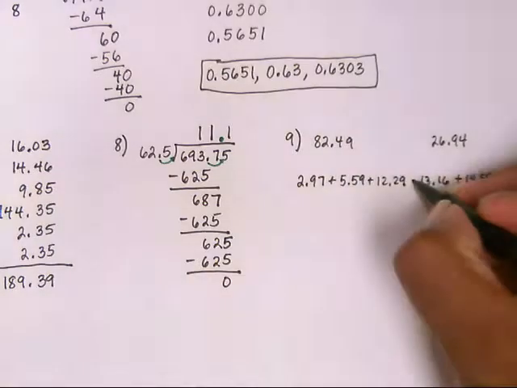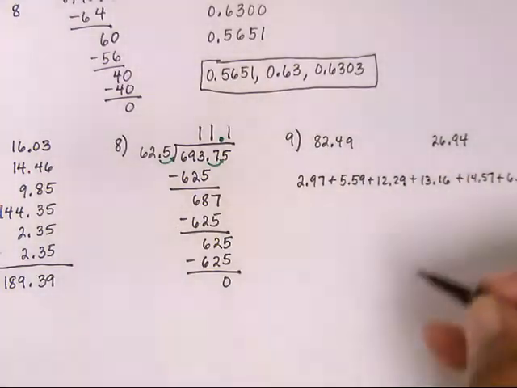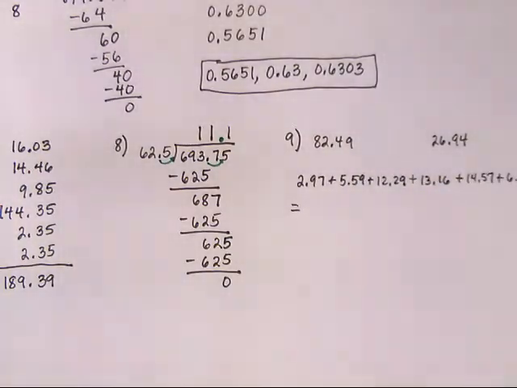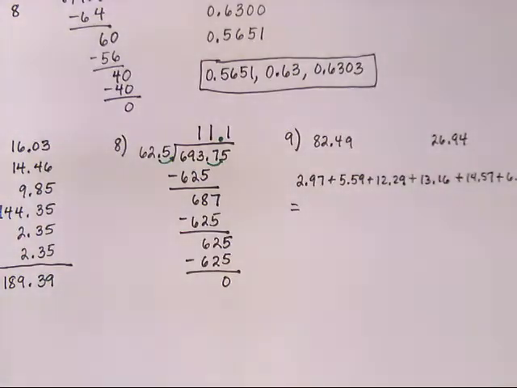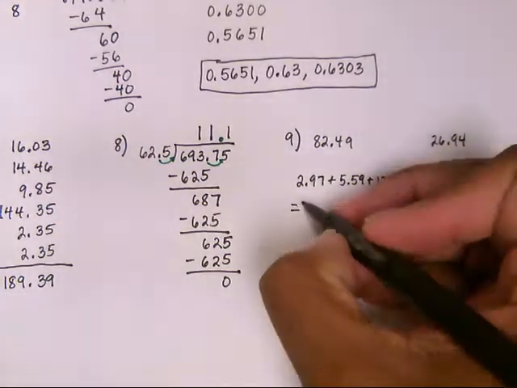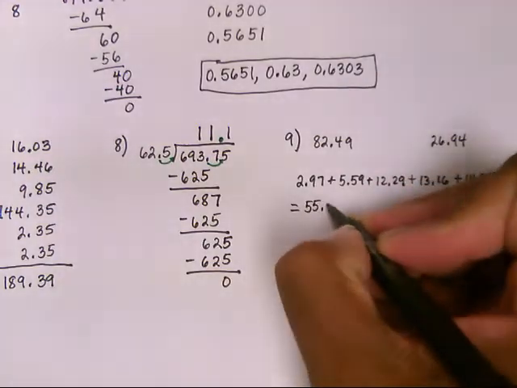Okay, now I'm going to make that a plus sign. So here we're going to add these numbers together. You should get $55.55.